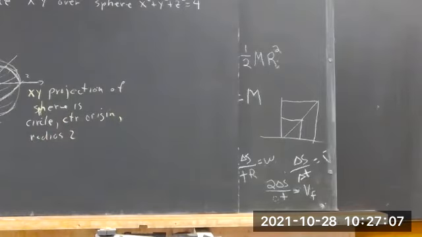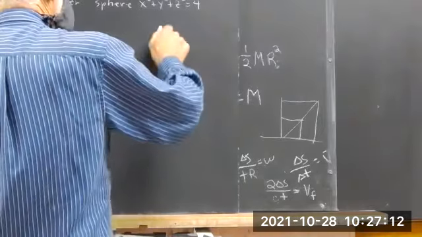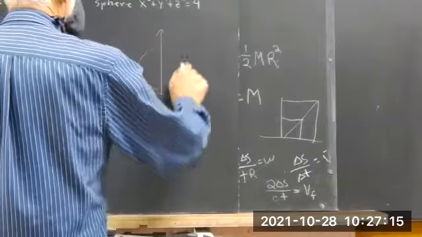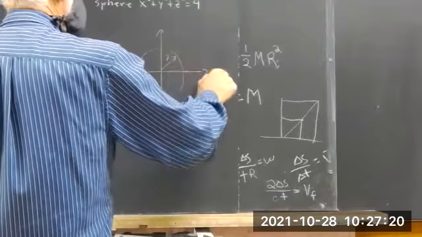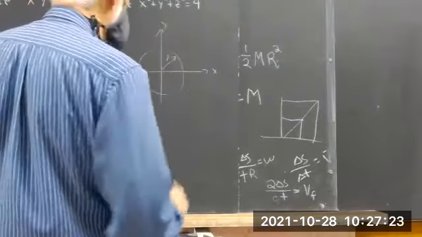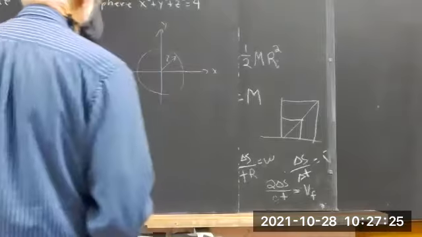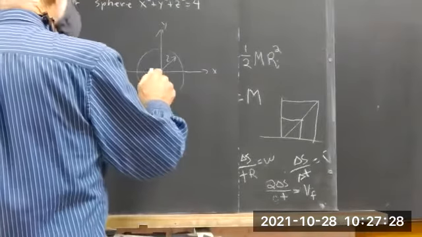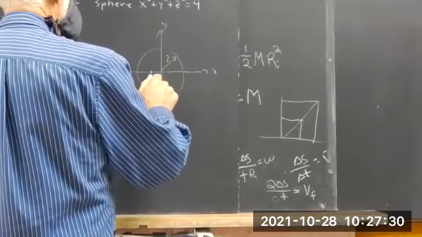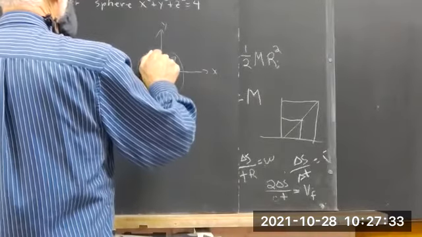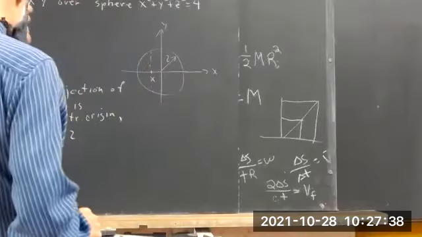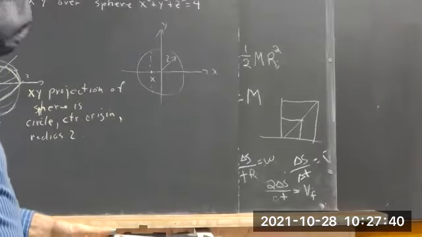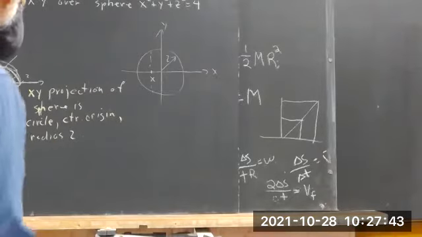Well, now we can describe this circle. Let's just sketch it over here. So radius 2, in the XY plane. For a given value of x, as we saw the other day, using the equation x squared plus y squared equals 4, this is the circle.